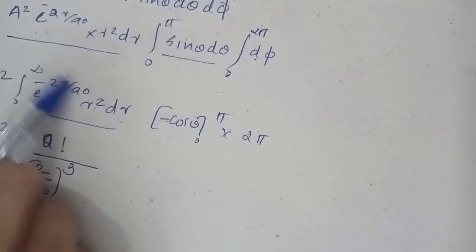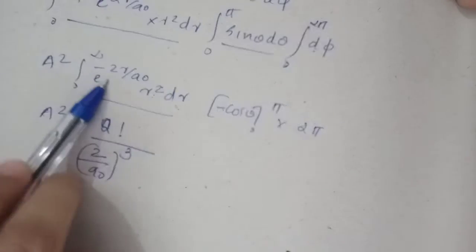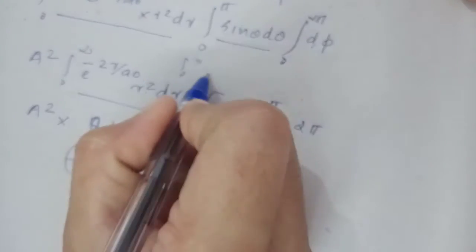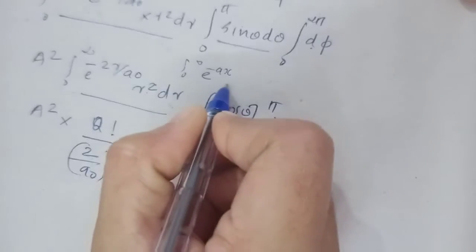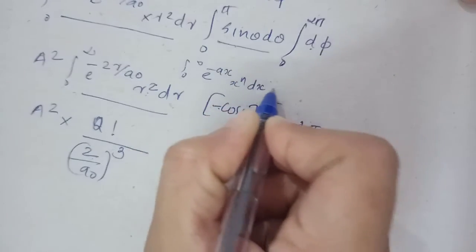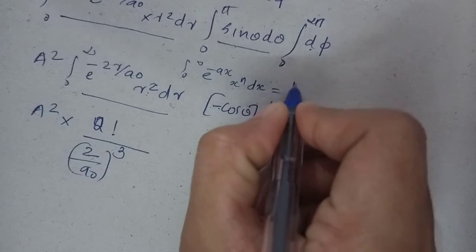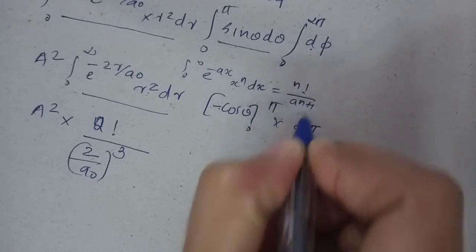So this is the integration of this function, that is, the gamma function. The general formula is the integral from 0 to infinity of e raised to minus a x, x raised to n dx, which equals n factorial divided by a raised to n plus 1.